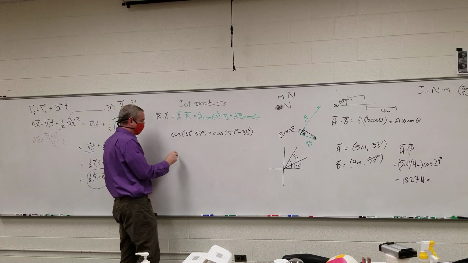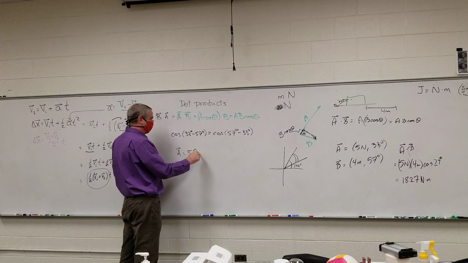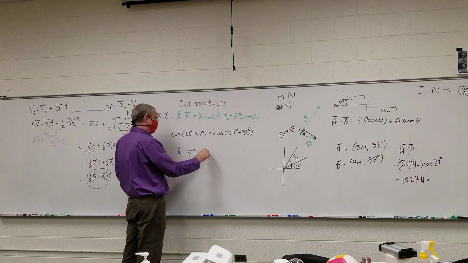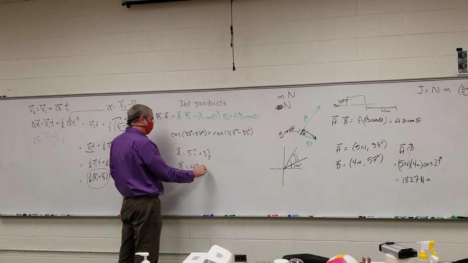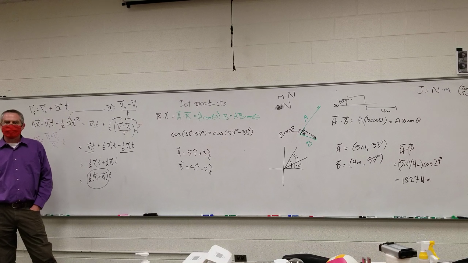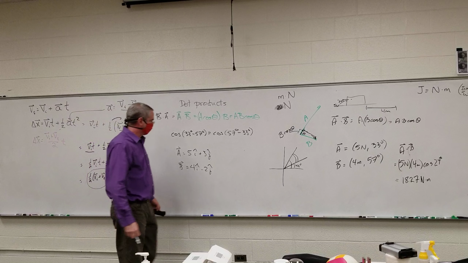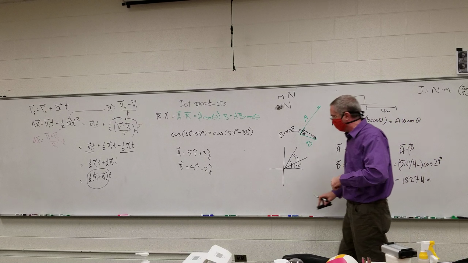Now, suppose A is equal to 5 i hat, we'll drop the units here, 5 i hat plus 3 j hat, and B is 4 i hat minus 2 j hat. Let's do this the long way. The answer's 14, by the way.